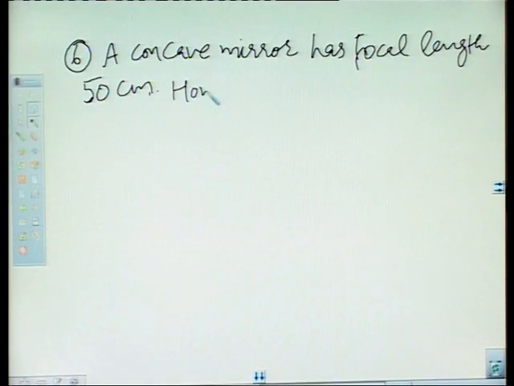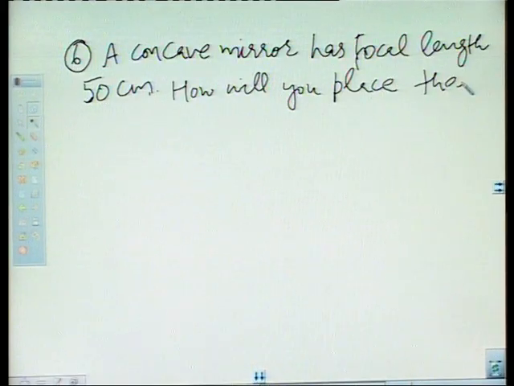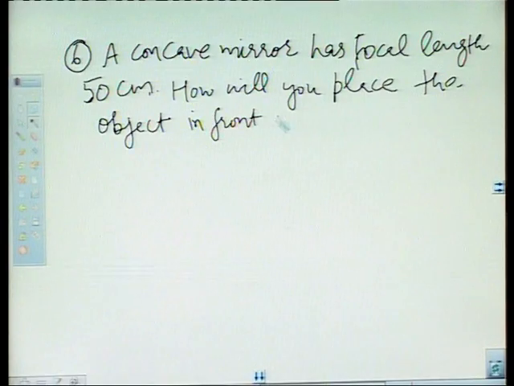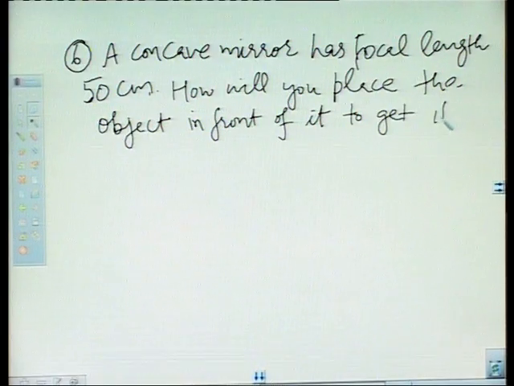How will you place the object in front of it to get it magnified two times?